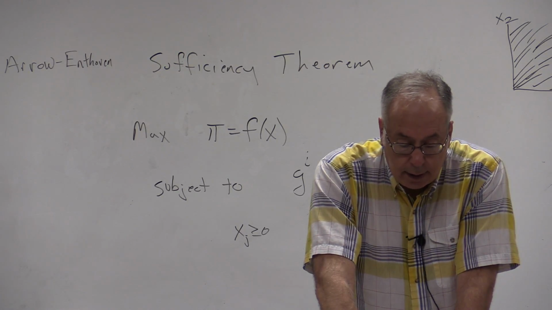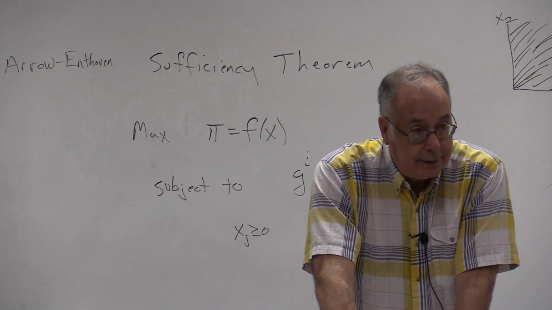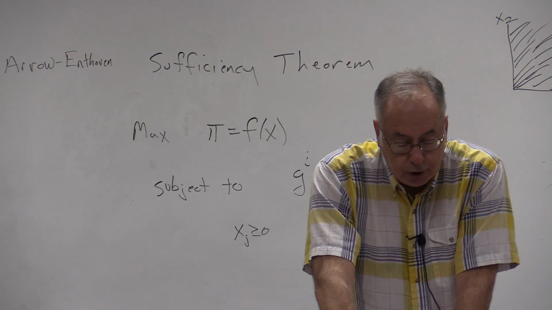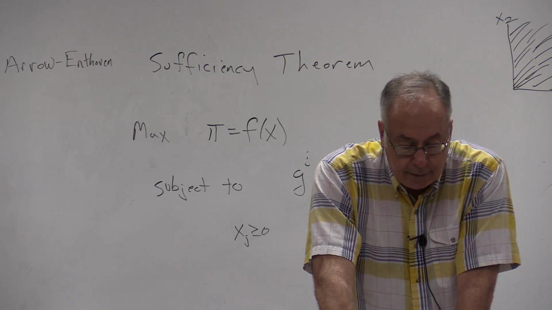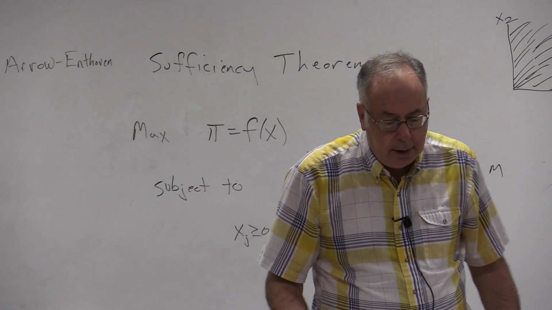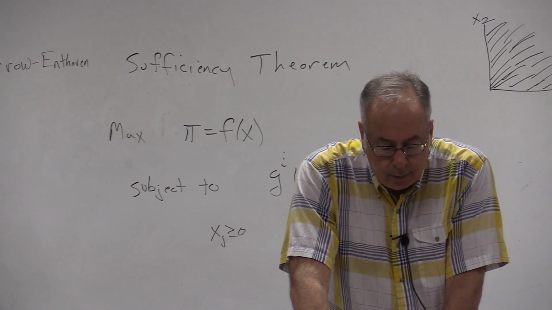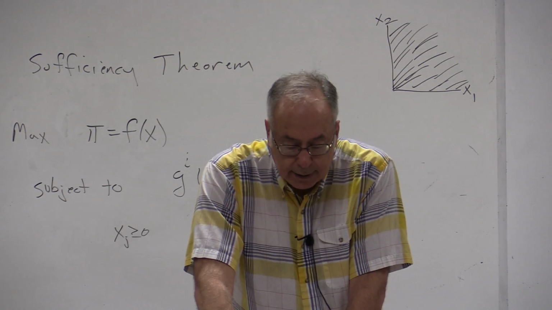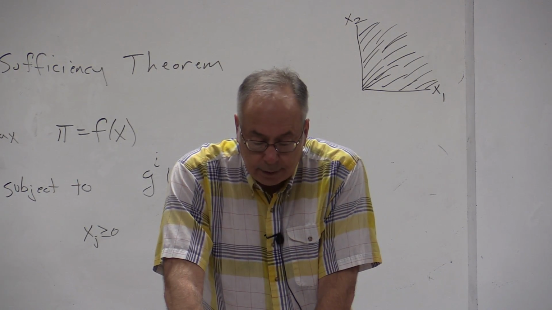And then three, the n derivatives are not all zero, and the function is twice differentiable. Or four, the function is concave. So almost always in economics, condition two, one of those partial derivatives, f sub j at x star, is greater than 0. In economics, that'll almost always be satisfied.